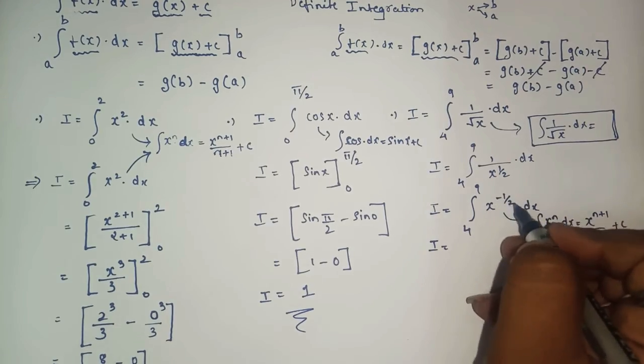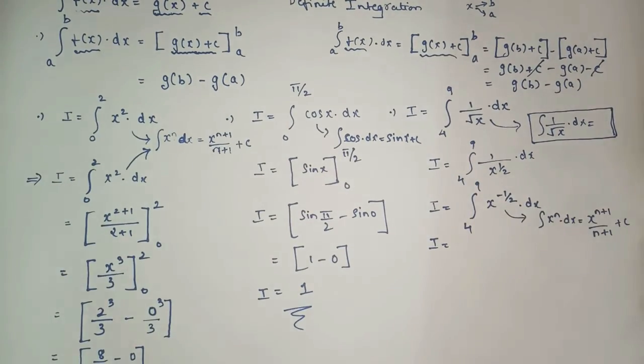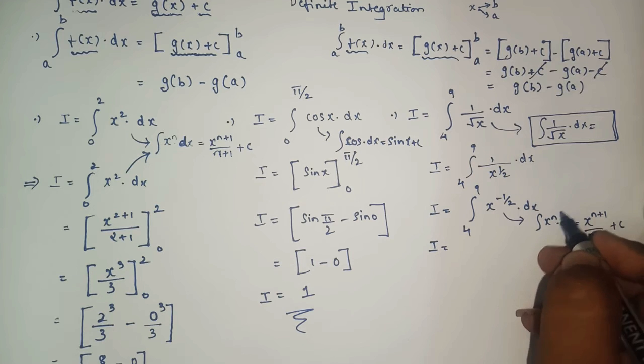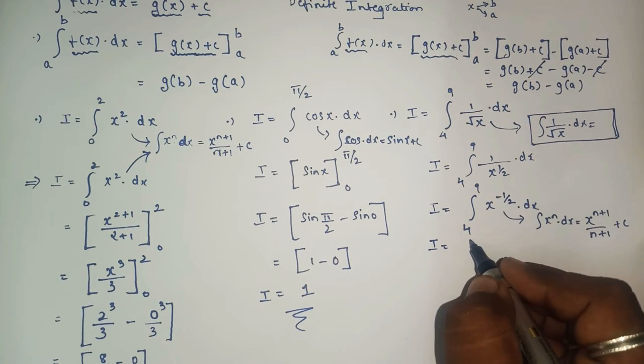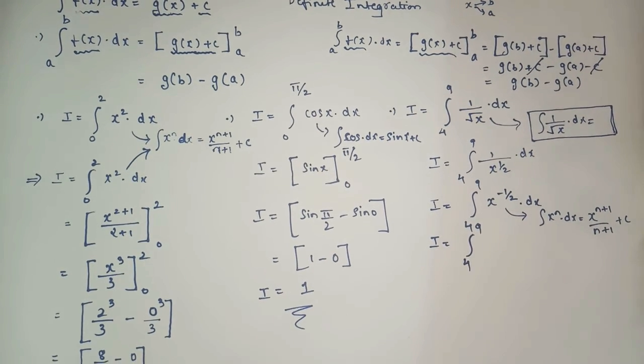Whether the value of n is positive, negative, or a fraction doesn't matter, it looks like x raised to n. Here n can have any value, it can be positive, negative, or a fraction. So we got the idea that for this question we have to apply the x raised to n formula.